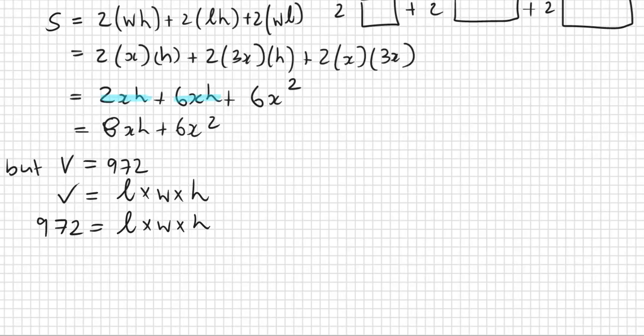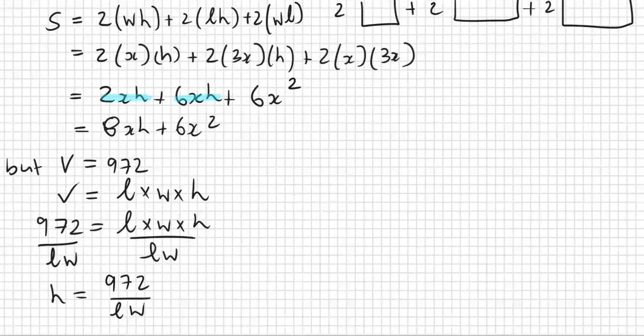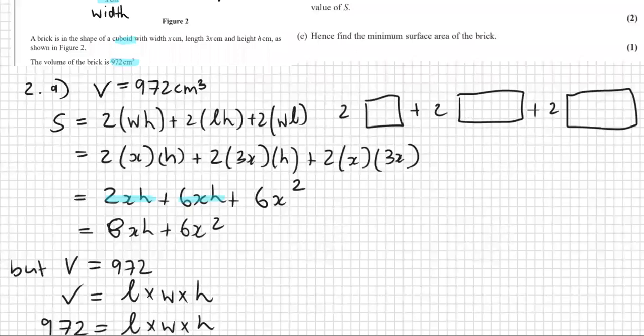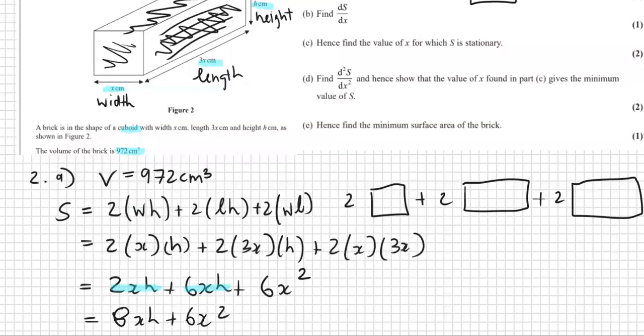So we can get h on its own. To isolate h, divide both sides by LW. So h is equal to 972 over length times width, which of course we know that our length was 3x and our width was x.